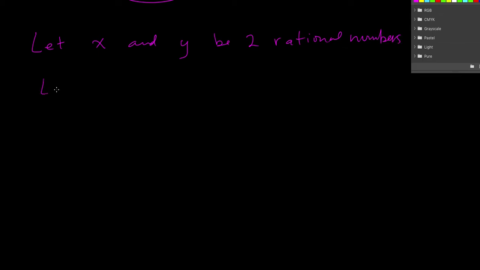or we could simply say let x, y, not like an ordered pair, but just x and y, be contained in the set of all rationals. We could also write it like that. So either way works.